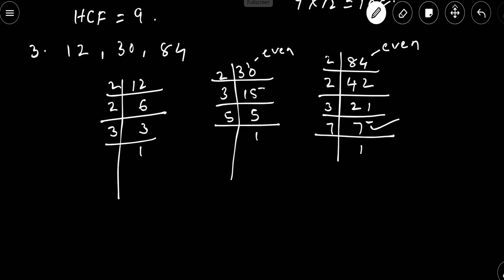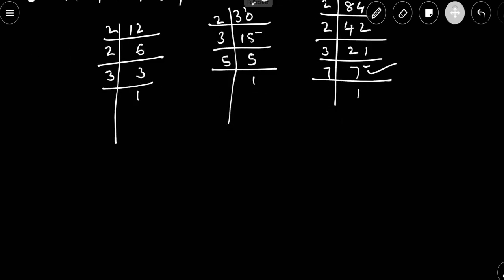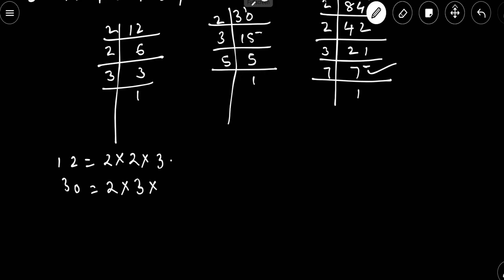Now I'm going to write the factors of these. So the factors of 12, I'll write as 2 into 2 into 3. And again for 30, I'm going to write it as 2 into 3 into 5. And the factors of 84, I'm going to write as 2 into 2 into 3 into 7.